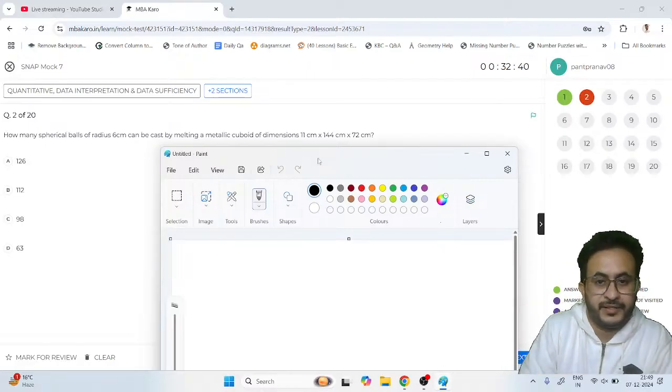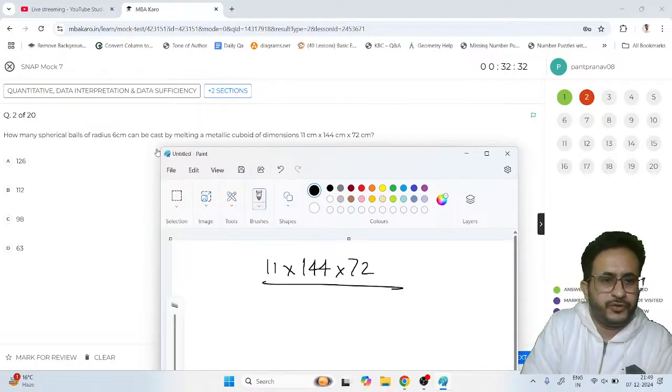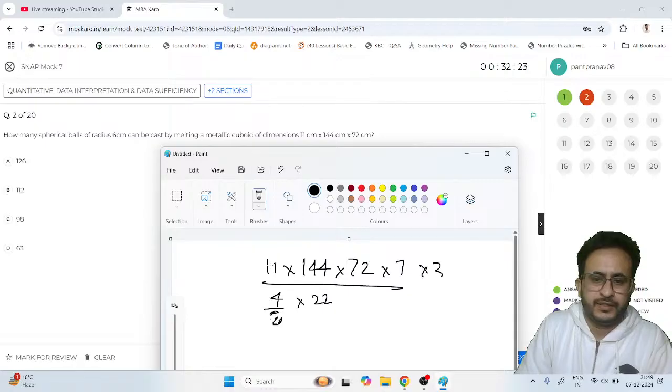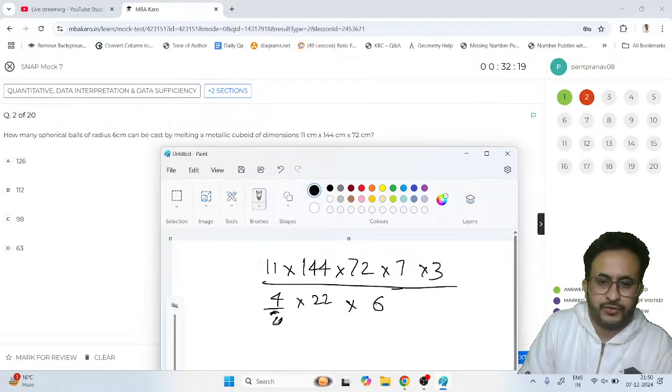So I attempted it. Here the number of balls is the volume of the cuboid, that is 11 into 144 into 72, divided by the volume of a sphere, which is 4 by 3 pi r cube. So pi cancels, we will take 4 by 3 up. Radius is 6, so r cube.